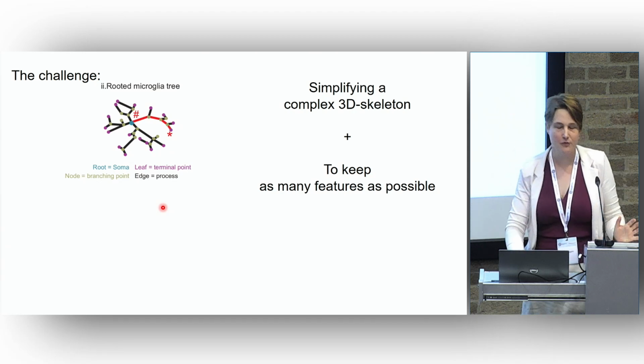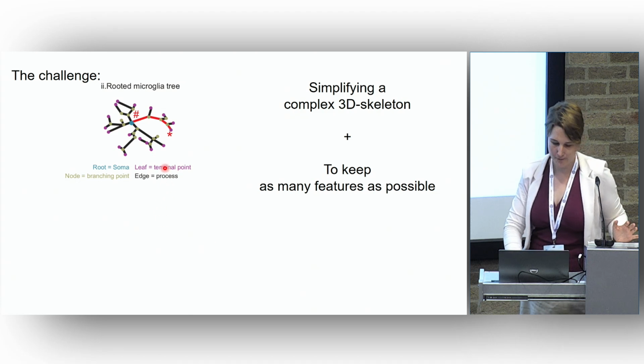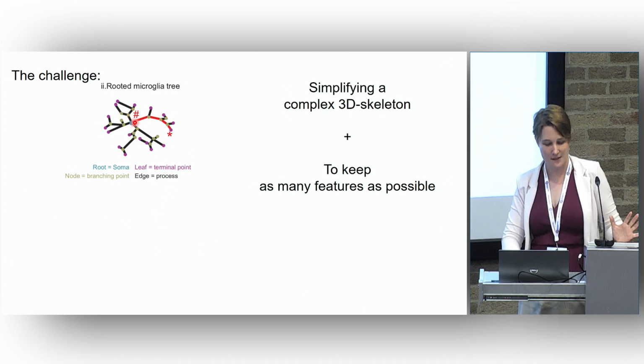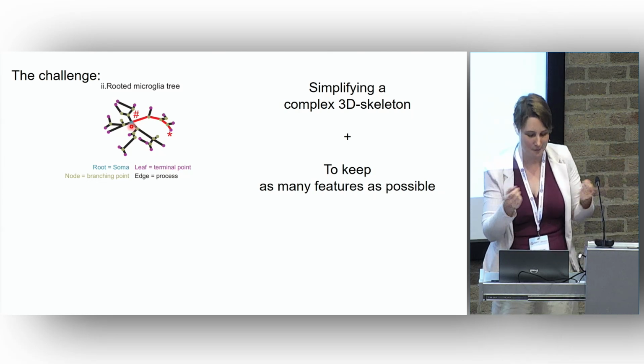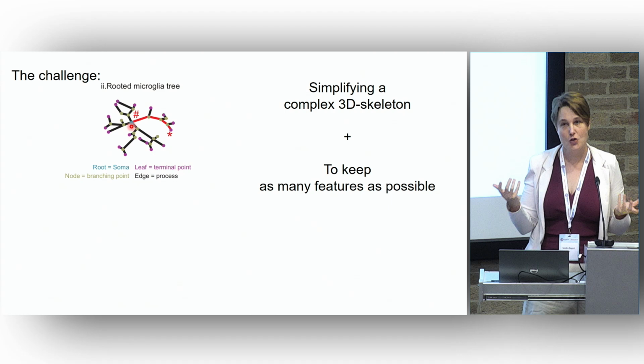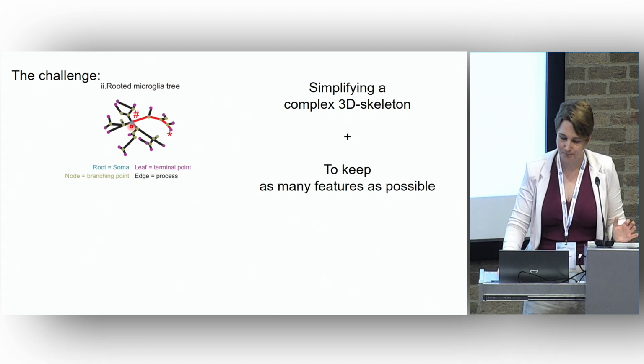Before, we had the terminal endpoint, but if you only have the terminal endpoint, you might miss the branches, the branching length, or the length of the terminal branches, which could be important parameters to distinguish microglia morphology.